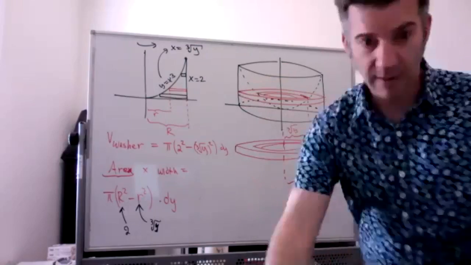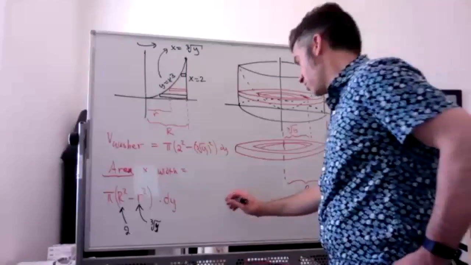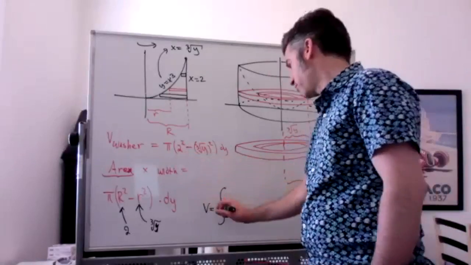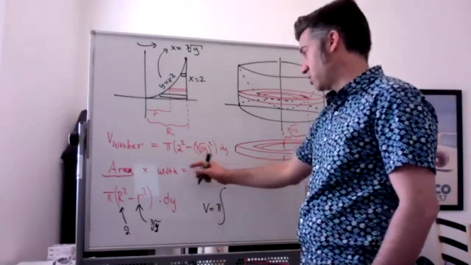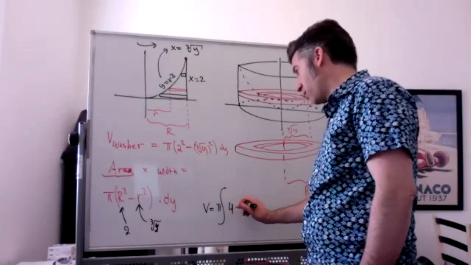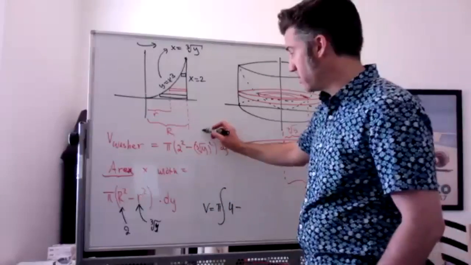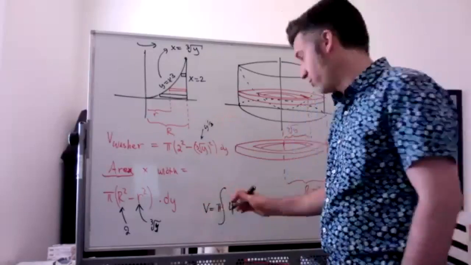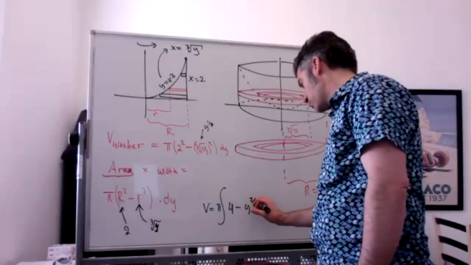Okay, so then to find the total volume, we're going to integrate pi times 2 squared, which is 4, minus the cube root of y, which is y to the 1/3, and y to the 1/3 squared is y to the 2/3.